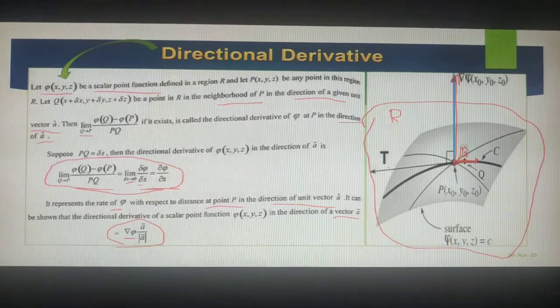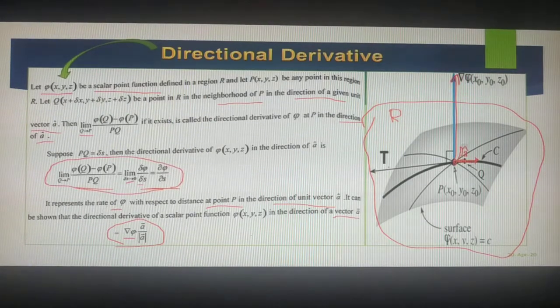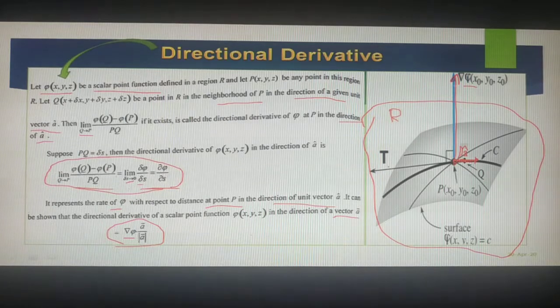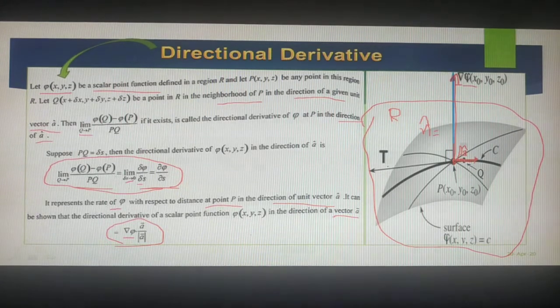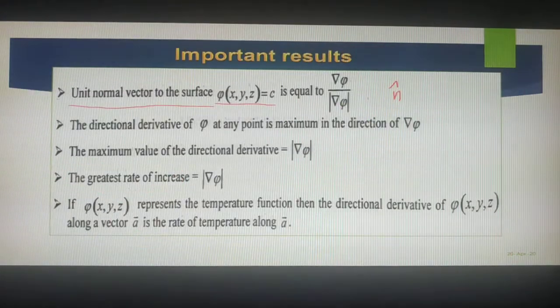So this is your normal vector, nothing but your del phi, which is normal to this surface. If I need the unit normal vector in the same direction, then I am going to find n cap. So n cap is nothing but n bar by mod n, of course here that is del phi by mod del phi. So this formula.